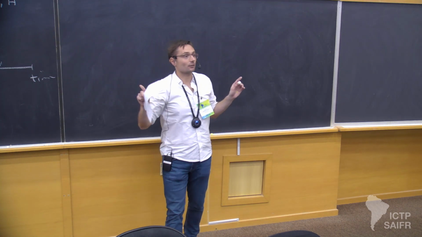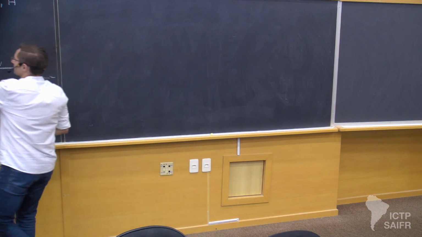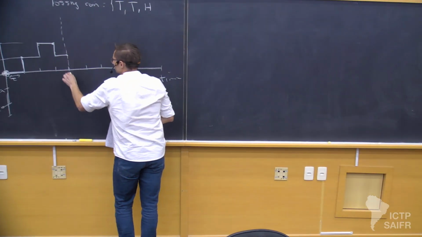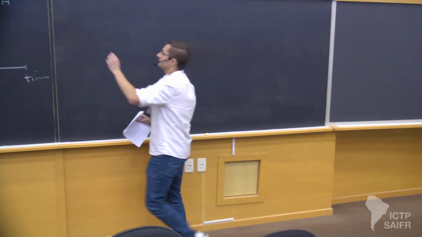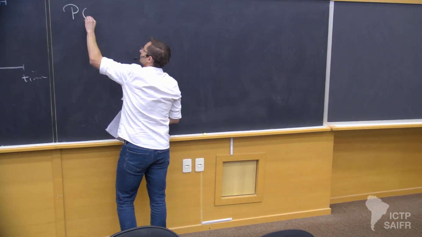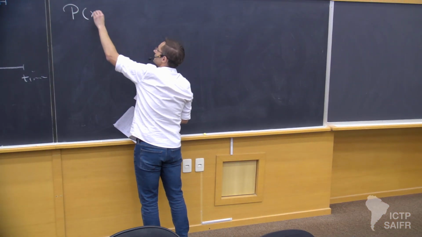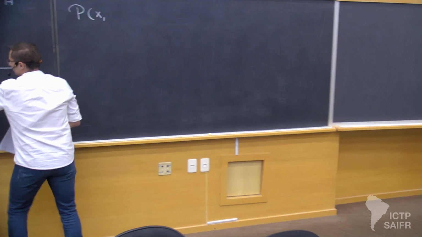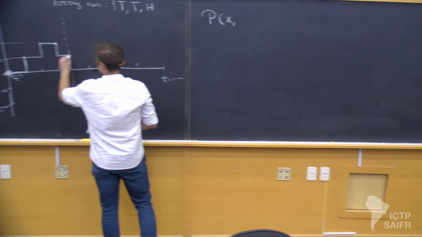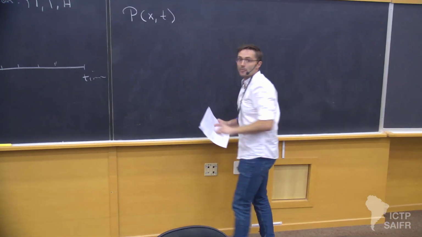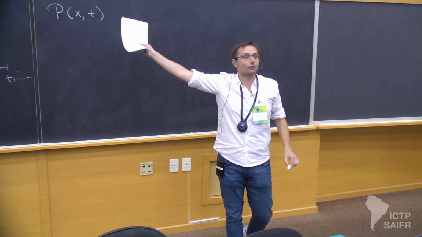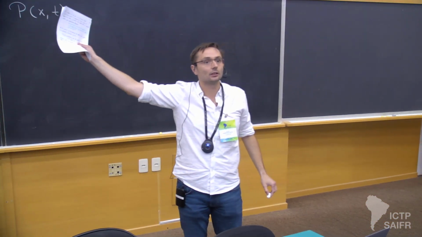One way of describing this is, well, I can make slices at my time t here, and for every time t, I can try to describe the probability that my particle is, let's say, at node x here at time t.